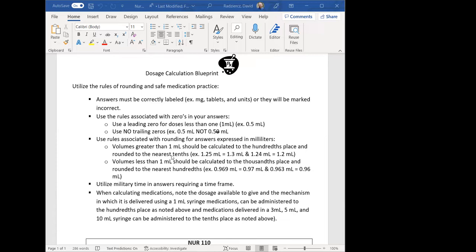So I wanted to first briefly go through the blueprint, what to expect. And then I have a few practice problems I want to go through with you as well. And then we'll address any questions for this first session. We'll start working together over the next couple of weeks, because we have several times that you'll potentially be able to come on.